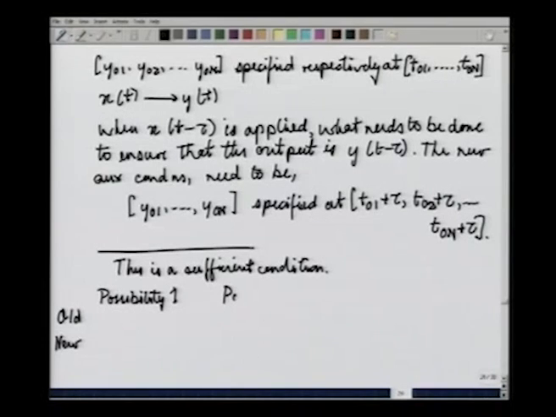Possibility 2, okay. Possibility 1 was that in the old case we supplied Vc of 0. Possibility 2 for the old case was Vc at t0.